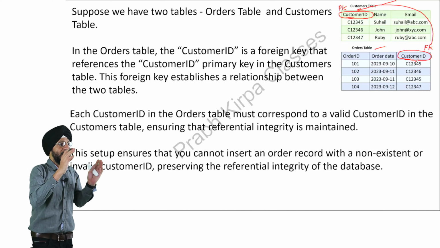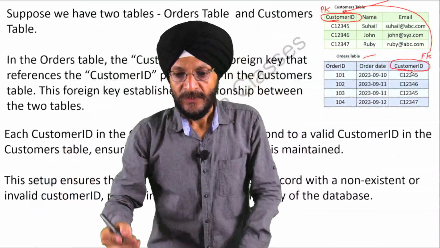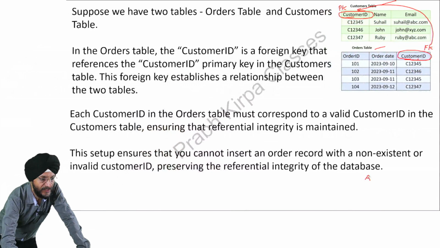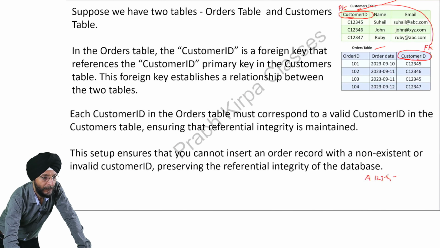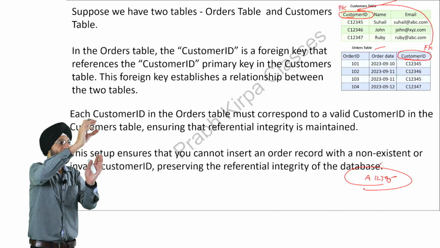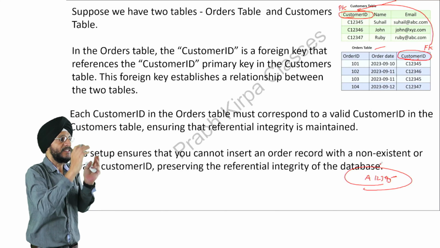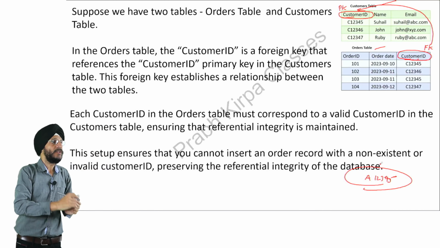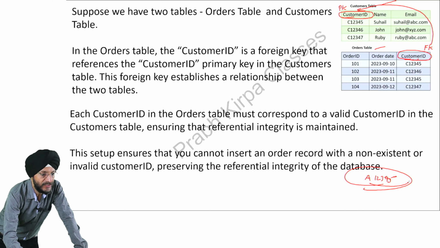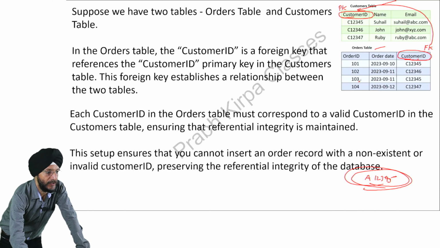That is, suppose we want to insert a customer ID which starts with A12345, but all our customer IDs which are stored in the database start with C. So the system will not allow you to feed this customer ID in the orders table.